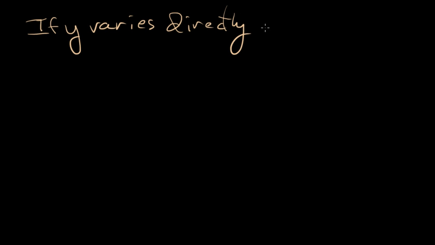If y varies directly as x, this is an important statement, and you're going to see it from time to time. Y varies directly as x. That means we have a direct variation equation. Oh dear, bad handwriting. I hope you'll forgive me for the bad handwriting.